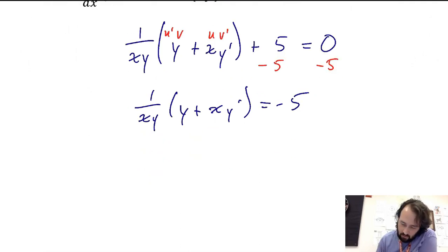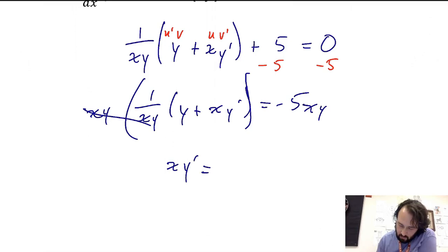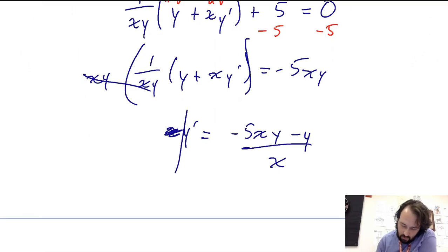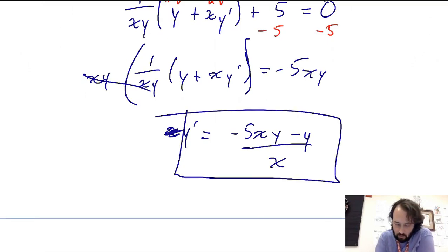If you multiply the xy here, and then I'll subtract that y, so xy prime equals negative 5xy minus y. Divide by the x, and y prime is all of that. I'm trying to save you guys time in showing that work, so don't show work that sloppy, please.